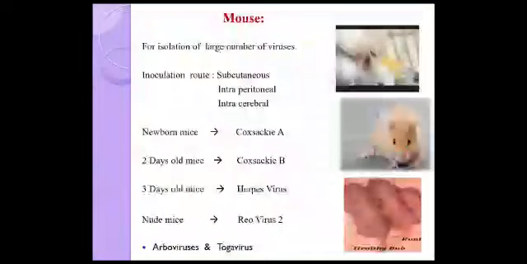Coxsackie A produces a flaccid paralysis in suckling mice, whereas B produces a spastic paralysis. The other viruses for which you can use suckling mice are arboviruses and togaviruses. You can inoculate the mice by subcutaneous, intraperitoneal, or intracerebral routes.